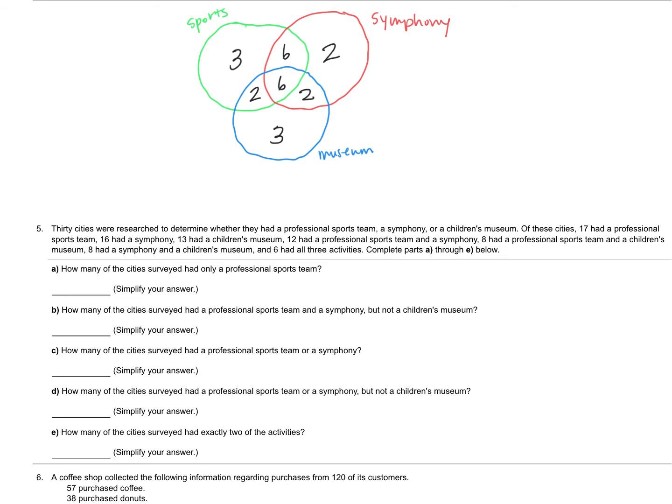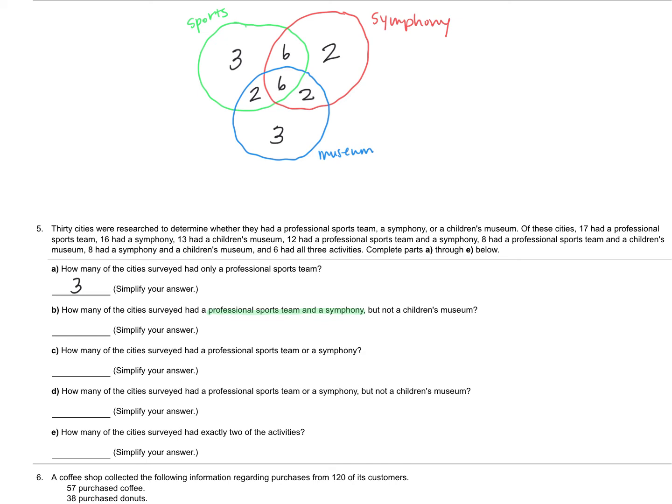Okay, how many of the cities surveyed had a professional sports team and a symphony, but not a children's museum? So let me undo that highlighting. Okay, so we said this is 3. Let's start by highlighting this part. So it says professional sports team and a symphony. So sports and a symphony would be all the numbers in here.